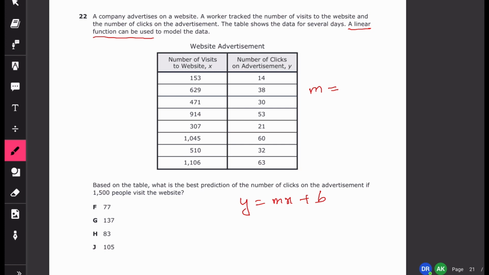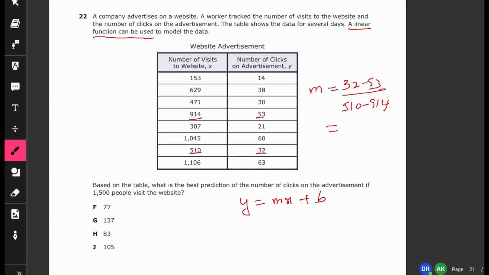So we'll take between 510 and 914. We'll just find out for this. So it is 32 minus 53 divided by 510 minus 914, and you can use the calculator for this.